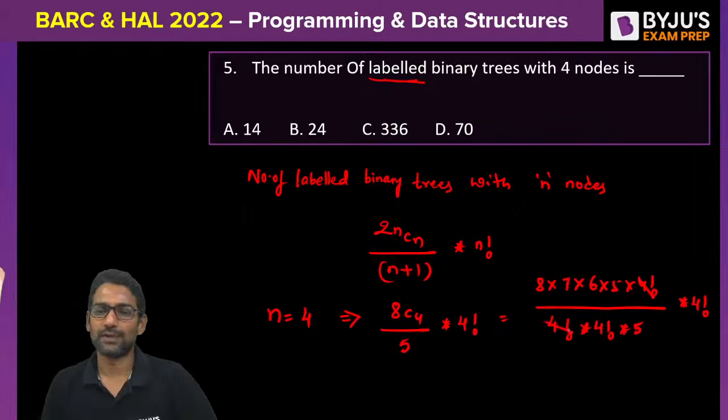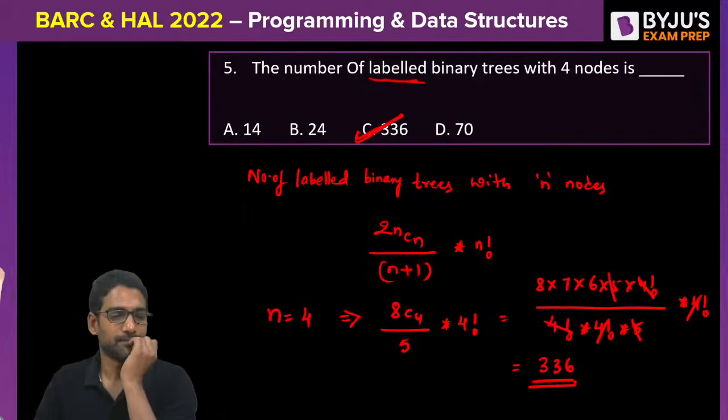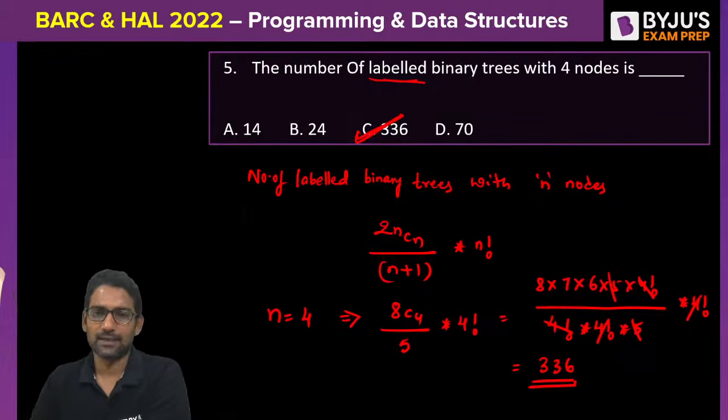So 4 factorial here I can strike out. Now this is 8 into 7 into 6, 56 into 6, 336. Yes, Saif, Muhammad Saif, yes.